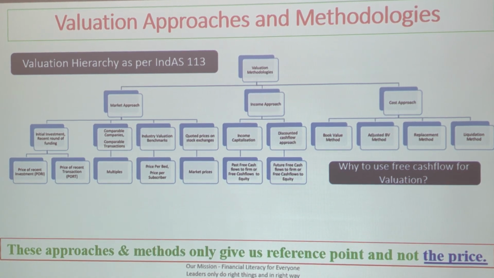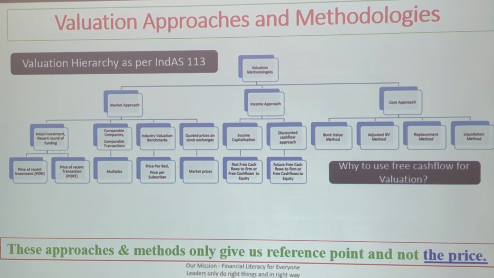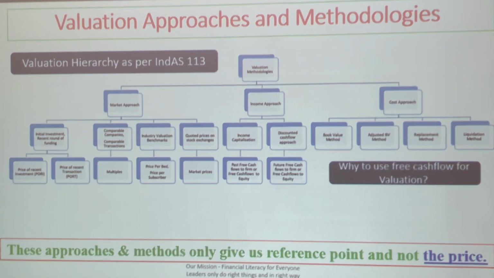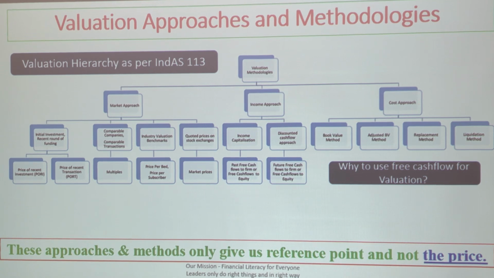So under the income approach, you will have initial investment, recent round of funding. कई बार जब आप वैल्यूएशन कर रहे हैं, you may be doing the valuation for a startup. तो अगर आपको स्टार्टअप का वैल्यूएशन करना है तो याद रखिए स्टार्टअप के केस में प्रॉब्लम ये होती है कि उसके बारे में बहुत इन्फॉर्मेशन अवेलेबल नहीं होती है. तो अगर बहुत इन्फॉर्मेशन अवेलेबल नहीं है, how do you do the valuation in case of a startup? So one is initial investment, round of funding. तो पहले तो आप देखिए कि पिछला जो फंडिंग का राउंड हुआ है, वो किस वैल्यूएशन पे हुआ है.